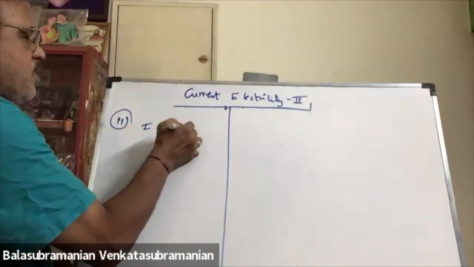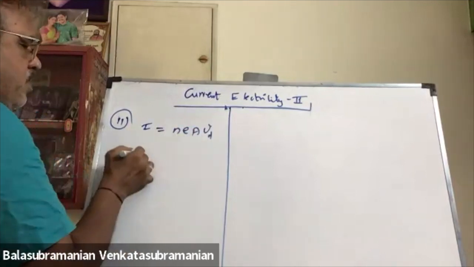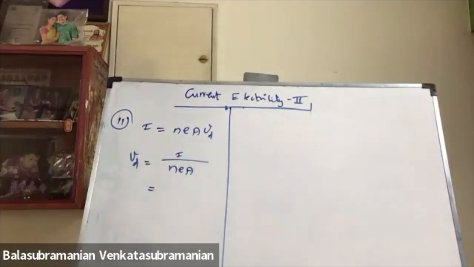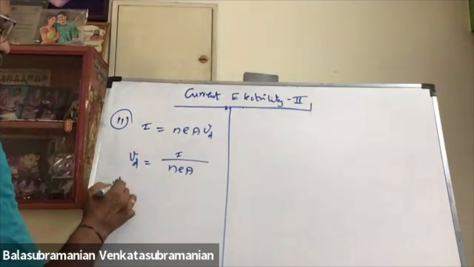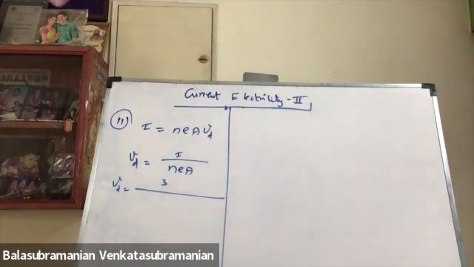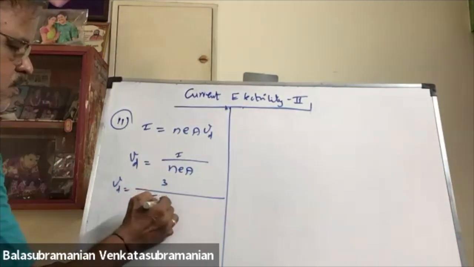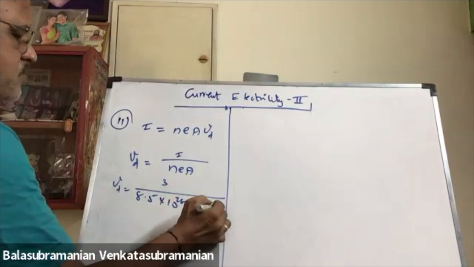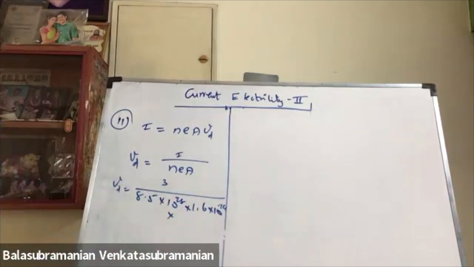Formula: I is equal to N E A VD. VD is I by NEA. What is the current? 3 ampere divided by number density 8.5 into 10 power 28, charge 1.6 into 10 power minus 19 into area of cross section 2 into 10 power minus 6.